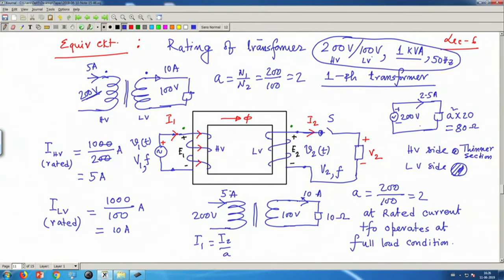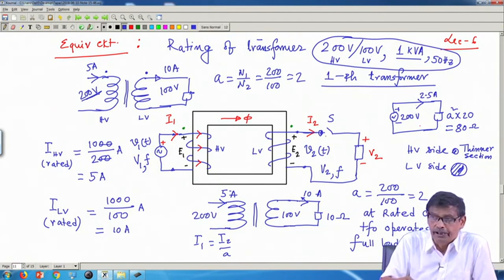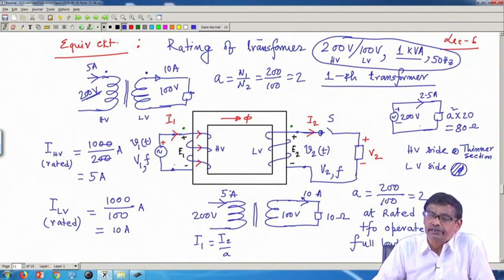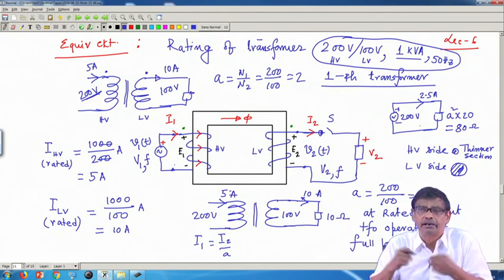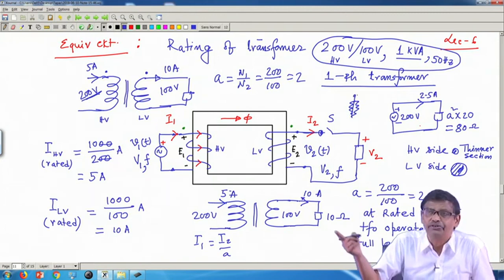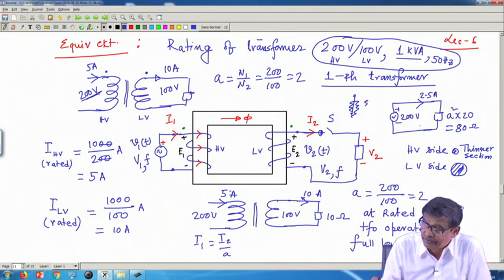Okay. So, current ratings decides the cross sectional area of the wires, and voltage ratings is going to decide the insulation level. You must have seen transformer from where terminals are coming out with sort of insulations, bushings they call it. You have seen distribution transformer on the roadside, okay, 3-phase transformer.